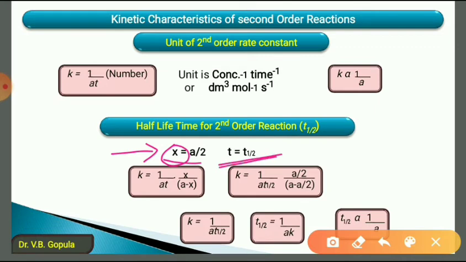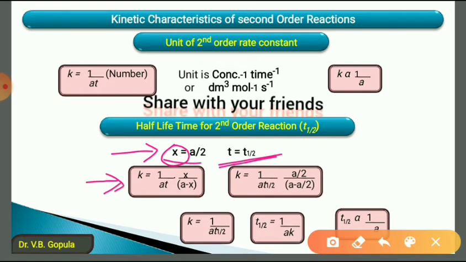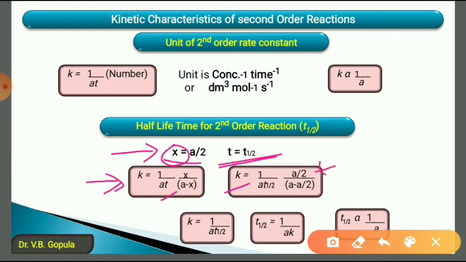Now again we have to consider the integrated rate equation. So k equals 1 upon at into x upon a minus x. Now put the values of the variable parameters x and t. Here t is replaced by t half, and x is replaced by a by 2, upon a minus a by 2.